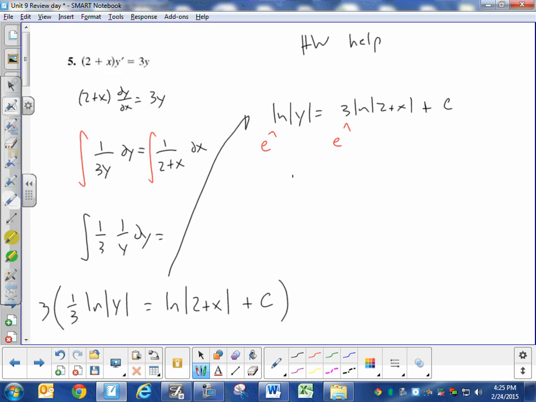This would be absolute y equals e to the 3 log absolute 2 plus x plus c. We can bring that down to be e to the c times e to the 3 log of absolute 2 plus x. And we can assign that e to the c to be just a c, and it could be positive or negative.